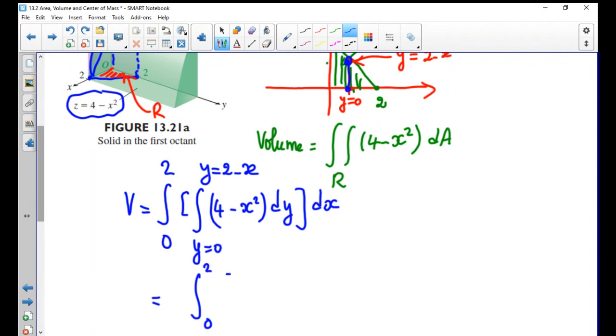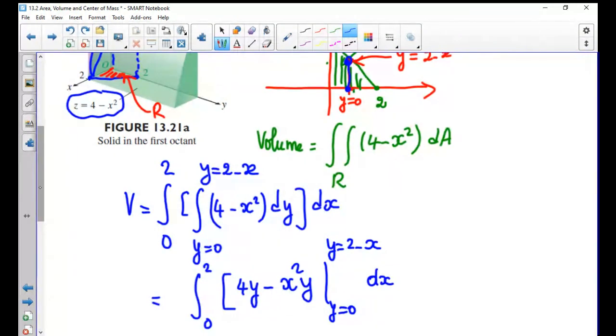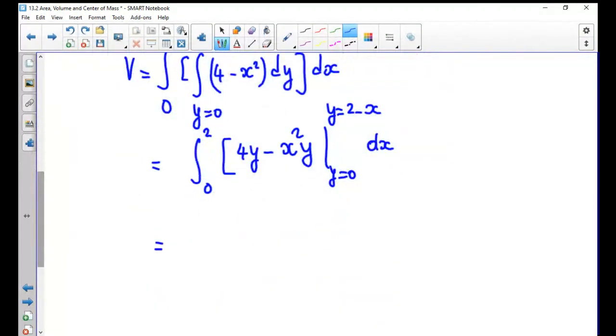From 0 to 2, the integral of 4 minus x squared is 4y minus x squared y, from y equal 0 to y equal 2 minus x, and then I will integrate that with respect to x.